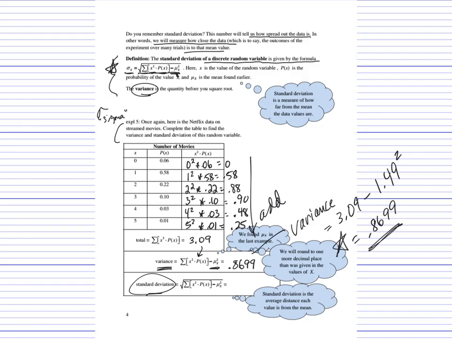I hit enter. And I'm going to round this one to one more decimal place than was given in the values of x. We've done this kind of thing before, haven't we? So you look at your values of x and say, these are whole numbers, so I need one more decimal place than you would have in a whole number, which would be the 10th decimal place.